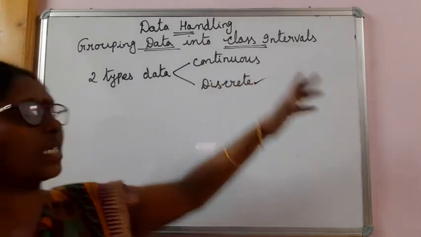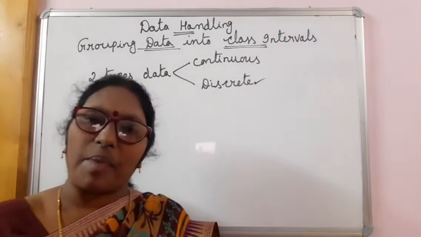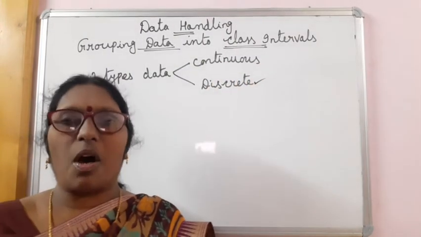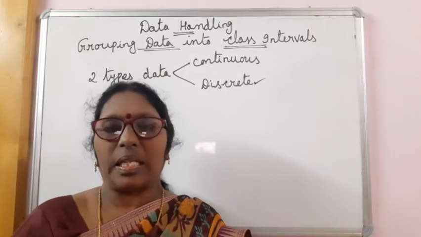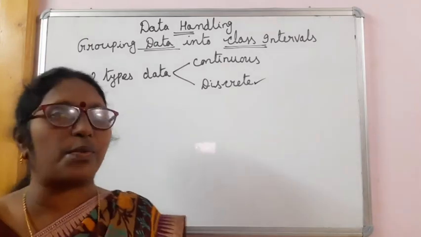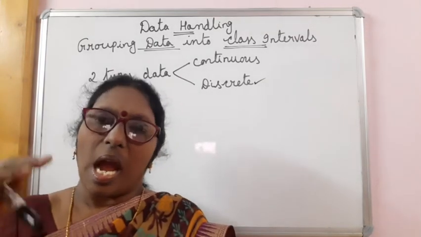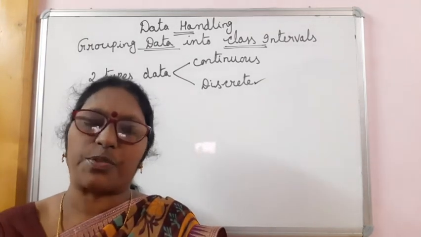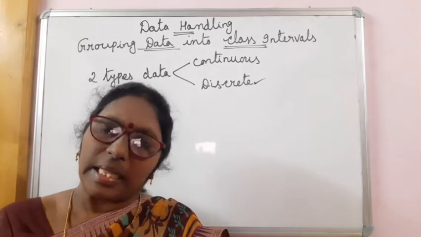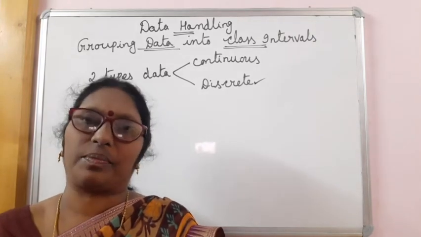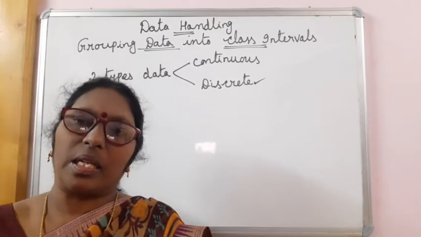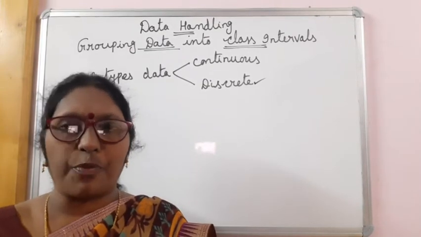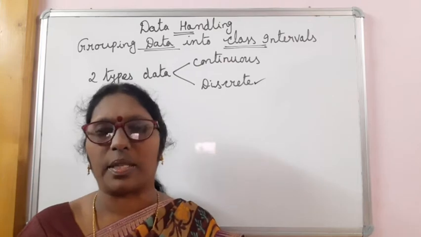Whereas continuous data may be a whole number or maybe a number between two whole numbers. Let me give you an example for continuous data. The heights of students, the age of children. Heights of students may be 4 feet, maybe 4.1, 4.2, 4.3.